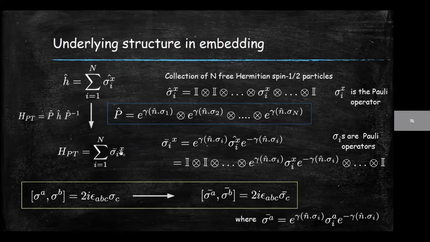The reason to apply this local similarity transformation is that we want to keep the identity of individual spins intact, meaning that the commutation property of these individual Pauli spin operators remains the same. So even though we have written down this PT symmetric Hamiltonian, we can map each individual spin to the corresponding Hermitian Hamiltonian spin here.